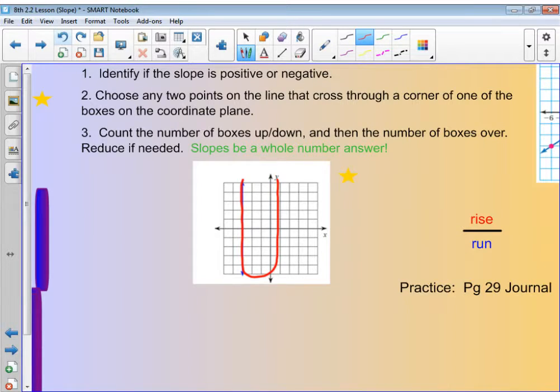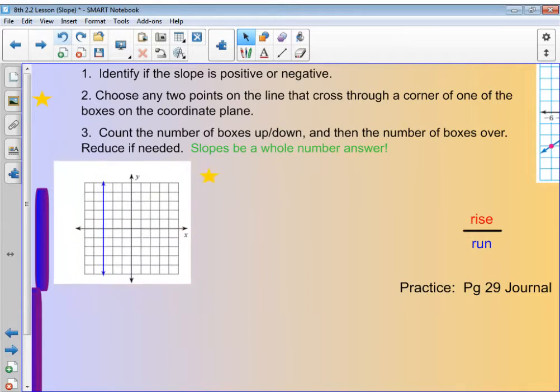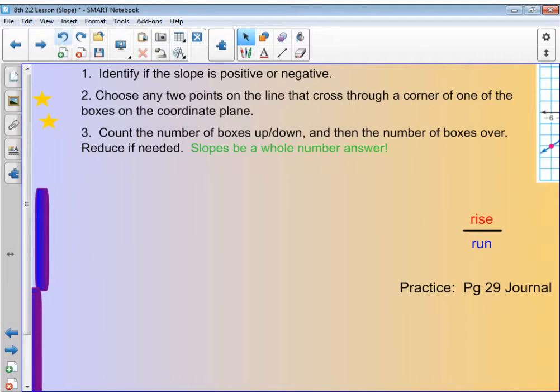I just remember that I could make a U out of that, or a no slope out of that. So undefined or no slope could also be used. You won't come across these very often, but every now and then you may come across it on an assessment or a worksheet or something like that.